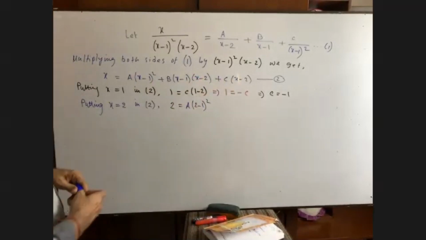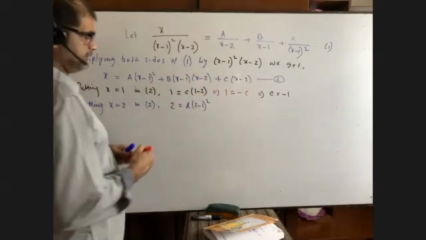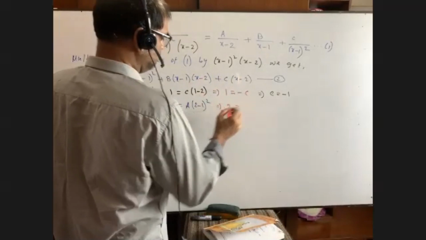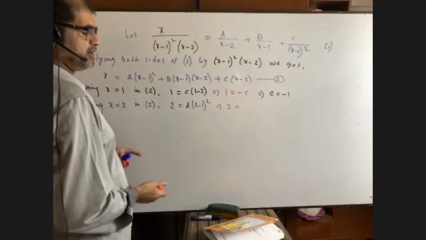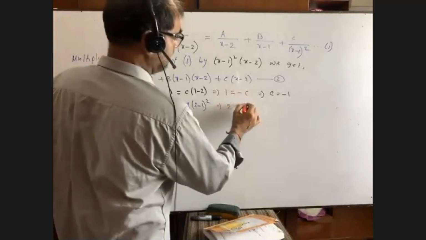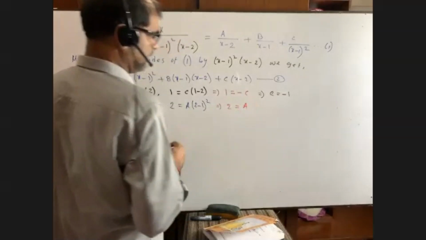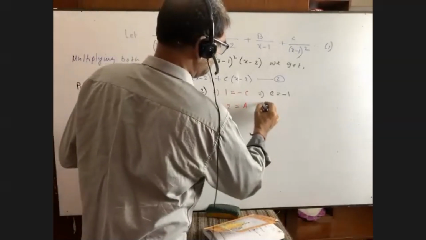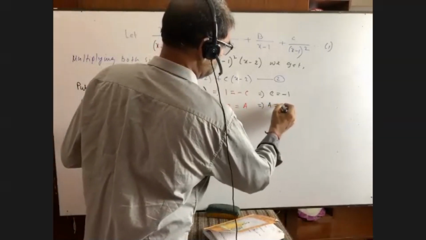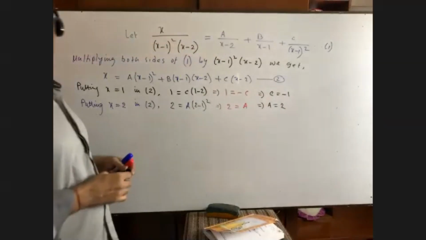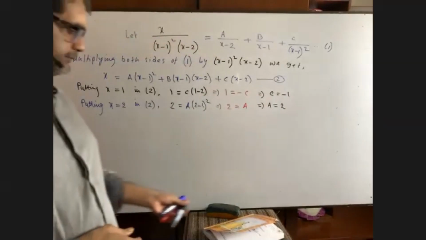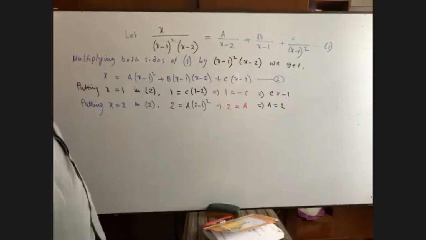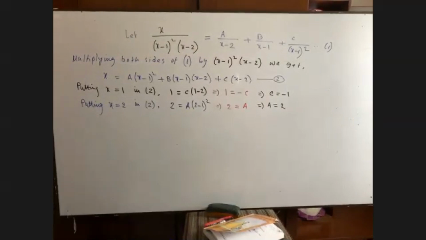So we are getting 2 is equal to A into 2 minus 1, that is 1, 1 square equals to 1. Therefore, A equals to 2. Can you get it? Now we have got the values of A and C, but we have not got any value of B.